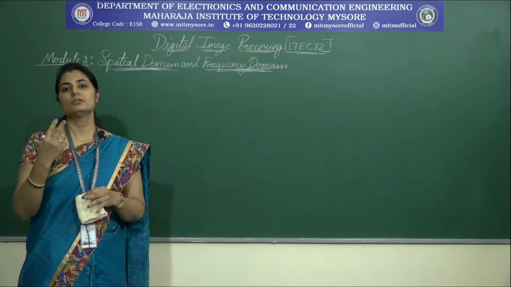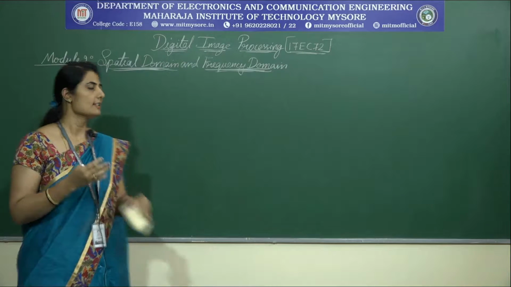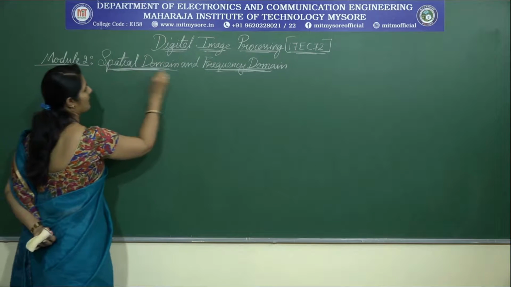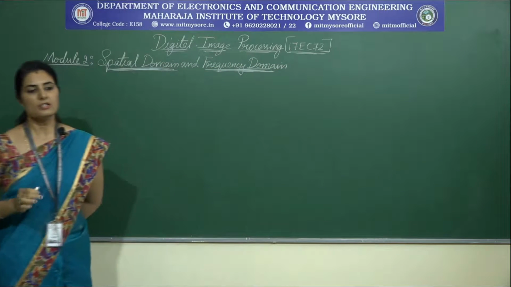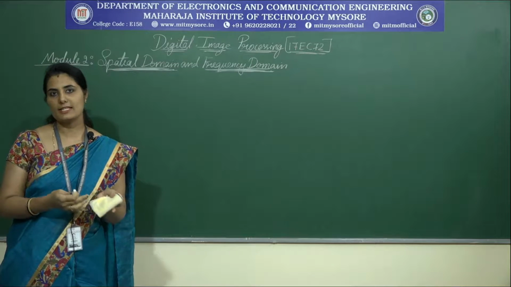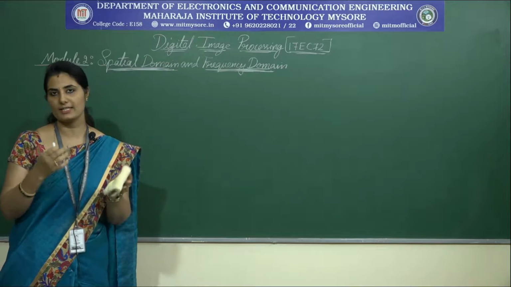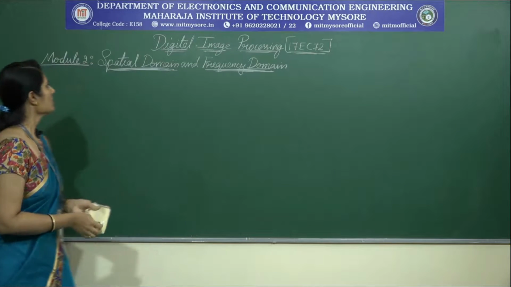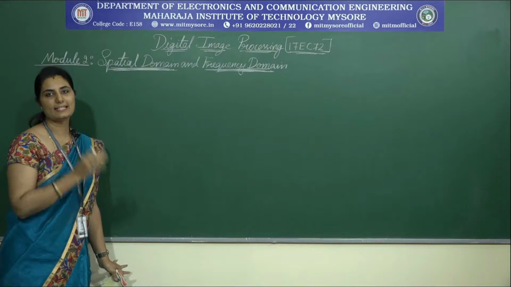There are two types of image processing domains, that is one with spatial domain and another with frequency domain. So first let us understand what is this spatial domain, what is this frequency domain, and what are the differences between this spatial domain and frequency domain. Spatial domain deals with the image plane itself.